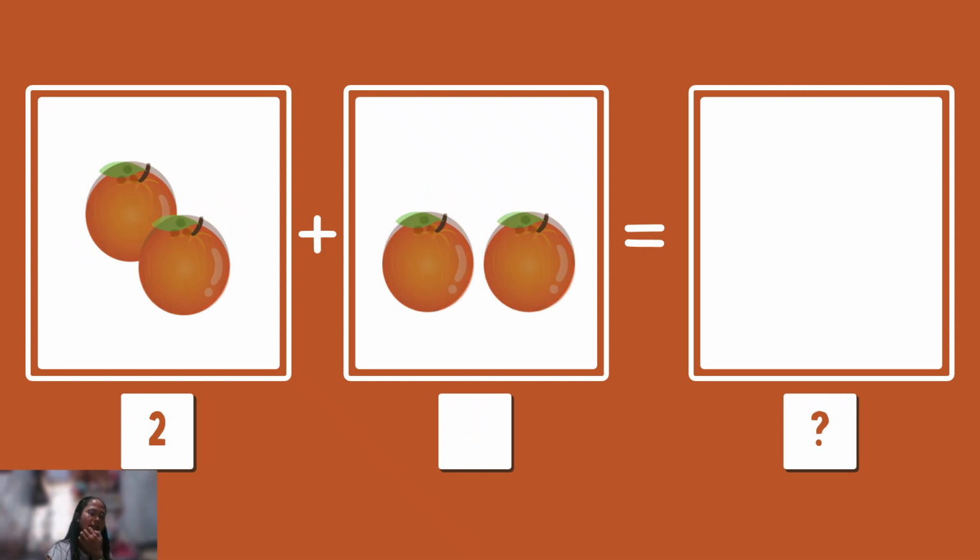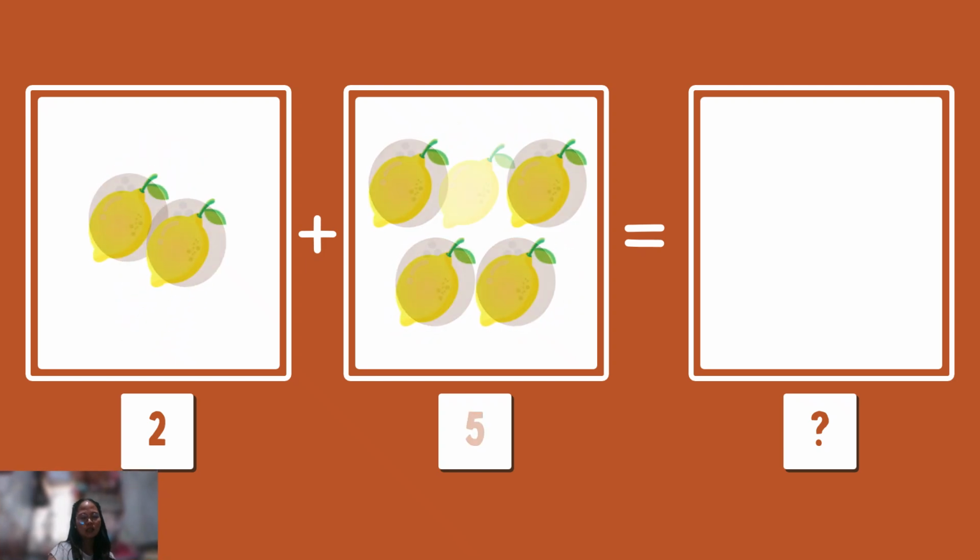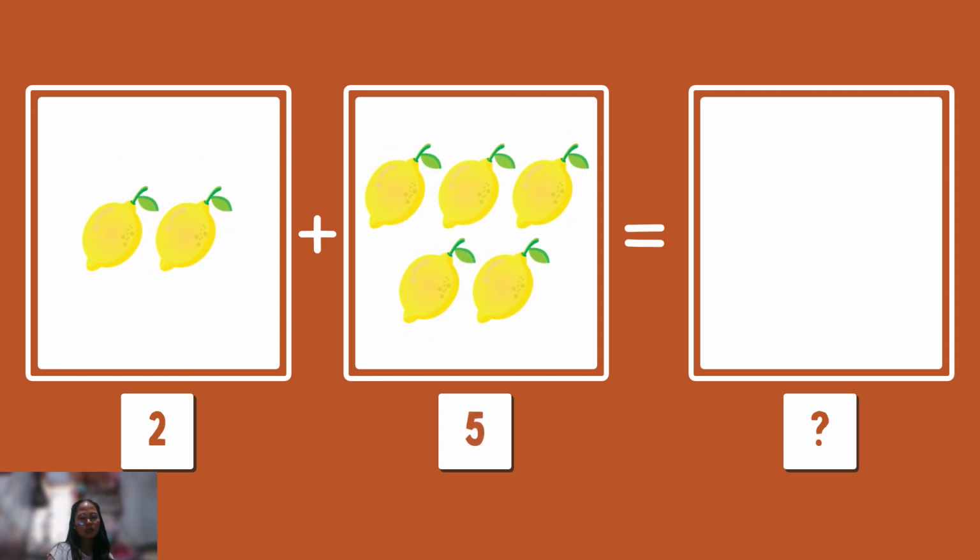Next, another one. How about this one? 2 plus 4. What is the answer? Very good. 6. And another example. 2 plus 5 lemons.